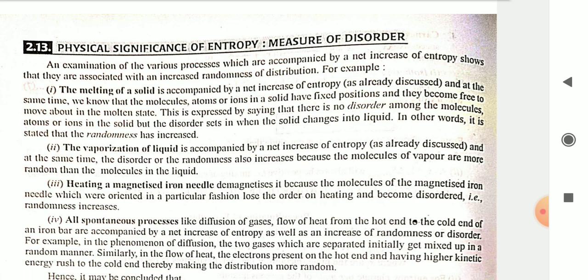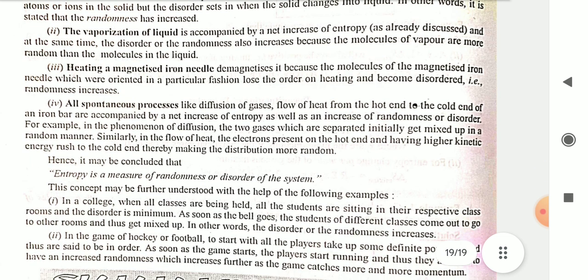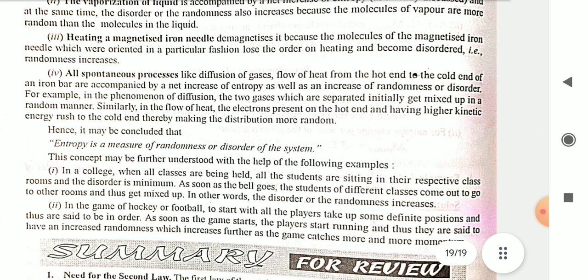For example, in the phenomenon of diffusion, the two gases which are initially separate get mixed in a random manner. Similarly, in the flow of heat, the electrons present on the hot end and having higher kinetic energy rush to the cold end, thereby making the distribution more random. And hence, it may be concluded that entropy is a measure of randomness or disorder of the system.